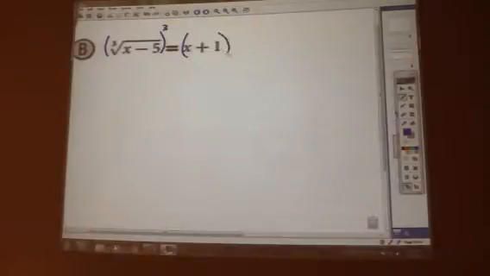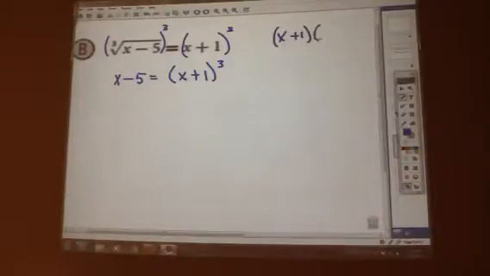And when I cube that side, I have to cube the other side. So it really helps us out here on the left because it got rid of the cube root, which just left us x minus 5. But it gave us a mess over here on the right side, because we have x plus 1 cubed, which means x plus 1 times x plus 1 times x plus 1.